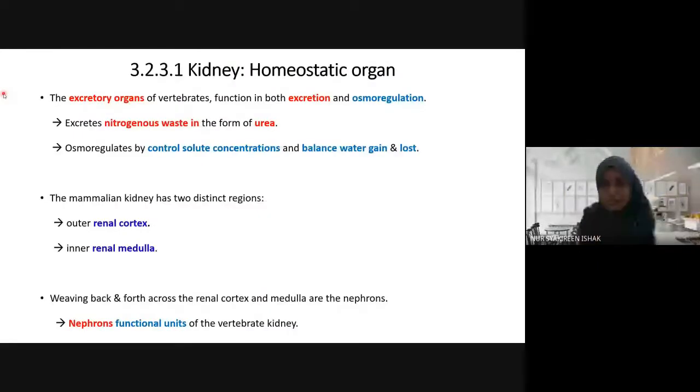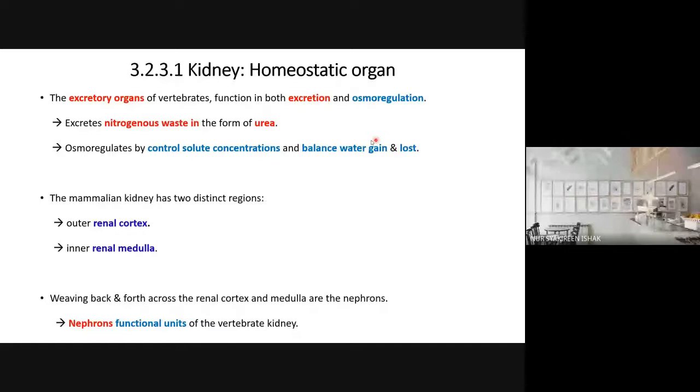The excretory organs of vertebrates function in both excretion and osmoregulation. So the kidney has two main functions: excretion, to excrete nitrogenous waste in the form of urea, which involves the formation of urine later, and osmoregulation, to control solute concentration and water balance in the body fluid, water gain and loss.